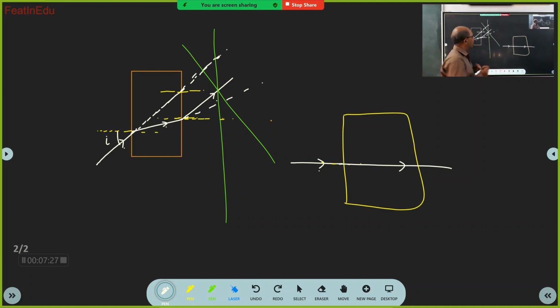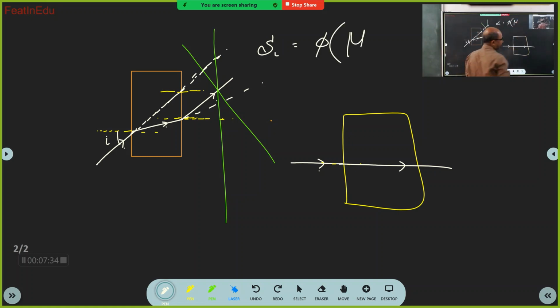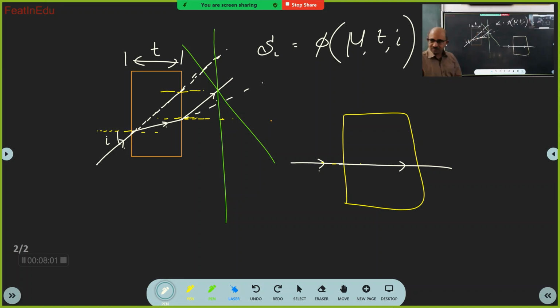Now if I define lateral shift SL, SL is a function of the refractive index of the material, the thickness of the material, and the angle of incidence. It depends upon all this, how much it shifts. And here it's very clear: if the angle of incidence is 0, then the lateral shift is also 0. You will get that relation.